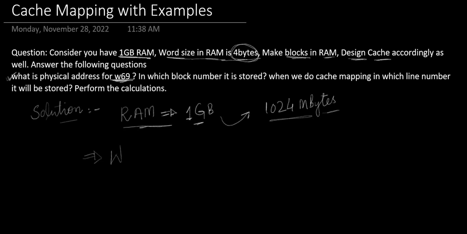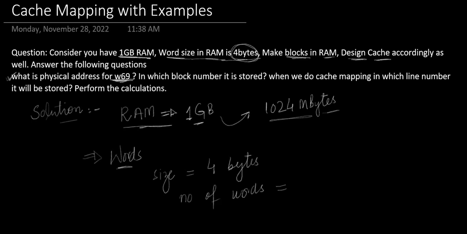Later on, we are going to find out how many words are going to be stored in this. I have said that the size of the word is 4 bytes each. I have to find out the number of words.